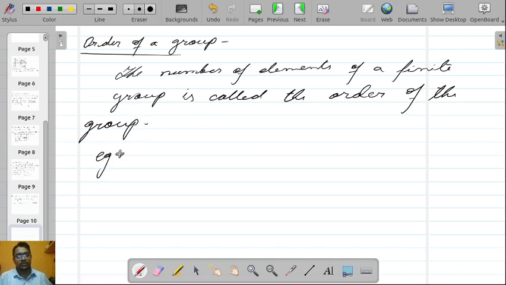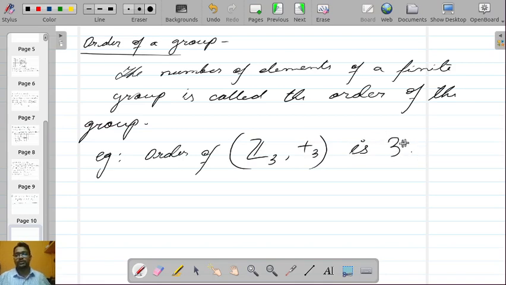For example, order of Z3 with respect to addition modulo 3 is 3 only, because the elements of Z3 are 0, 1 and 2, so only 3 elements are there. So this is called the order of the group Z3.